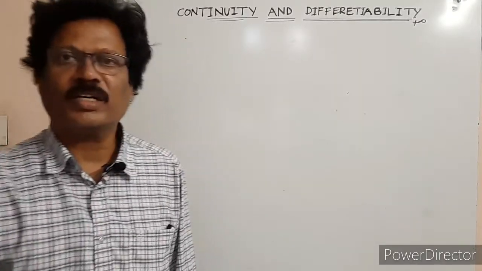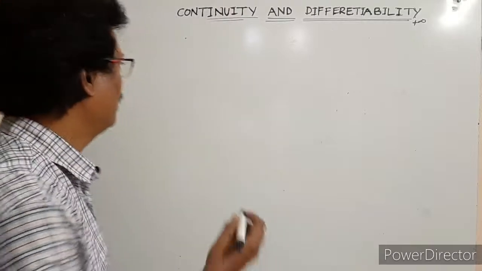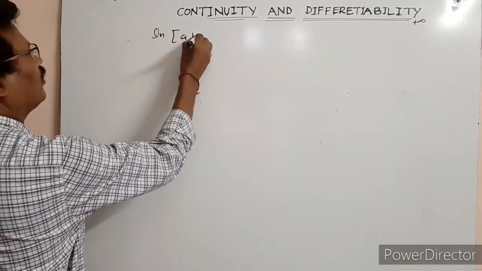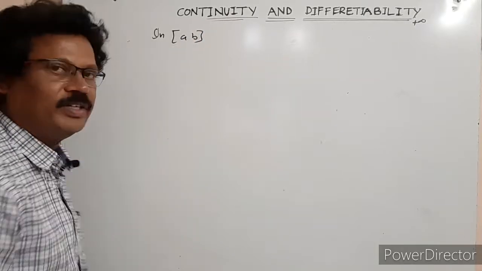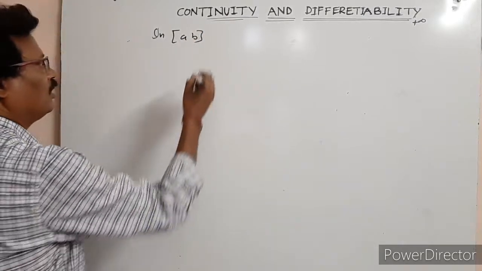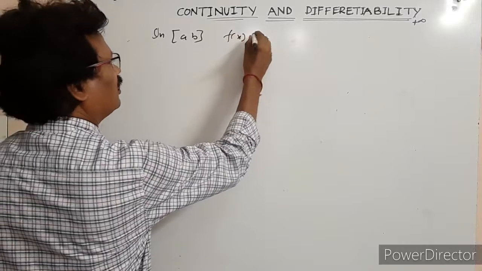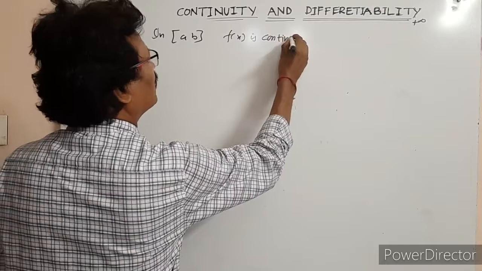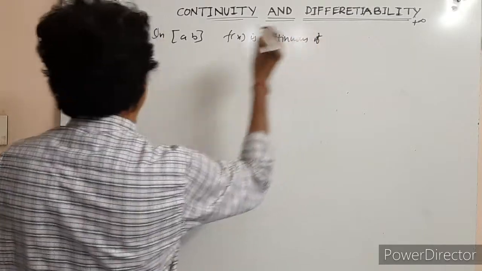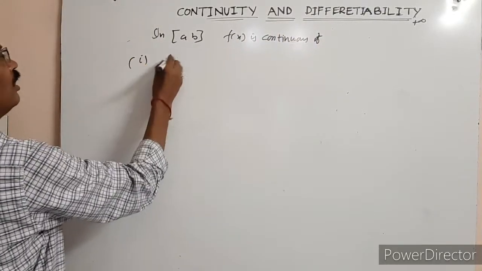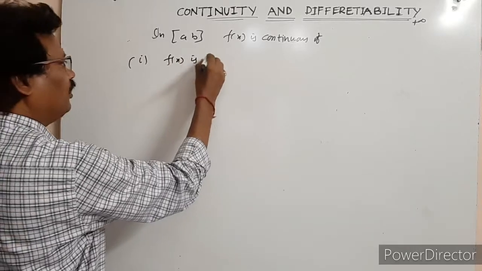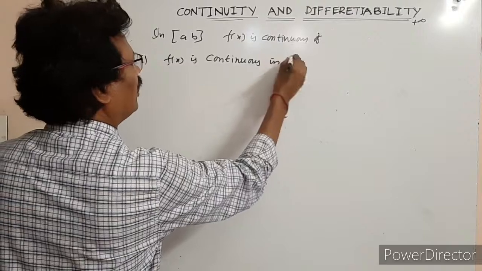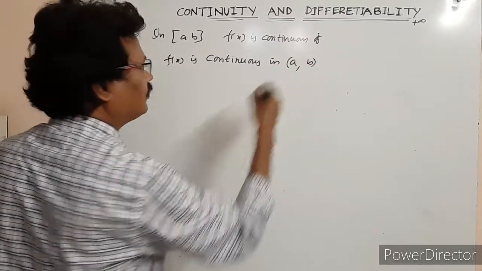Now, let us see the continuity in the closed interval. They have given the closed interval. In the closed interval, f(x) is continuous if, first, f(x) is continuous in the open interval a to b.